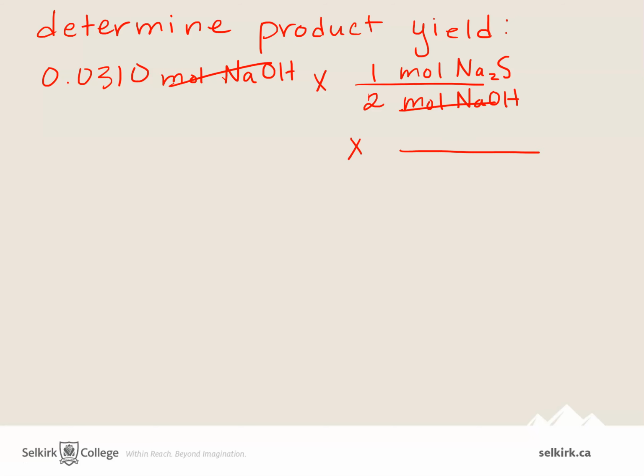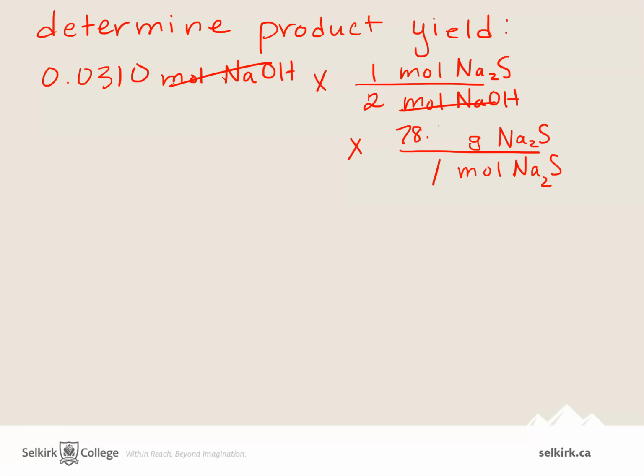I want to know how many grams of sodium sulfide I had. So I'm going to get rid of moles of sodium sulfide. Grams per mole, molar mass, mass of a mole. And I worked that out already.